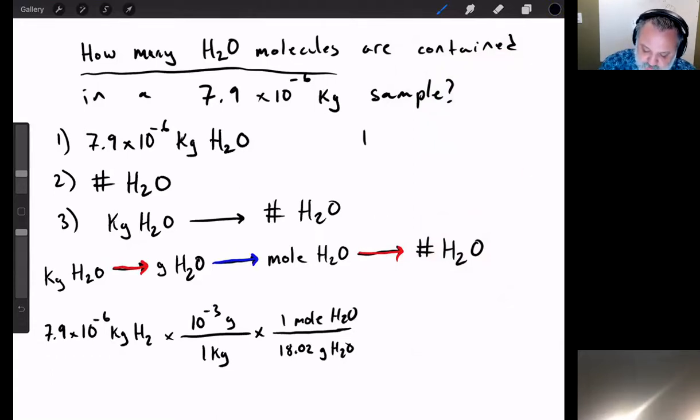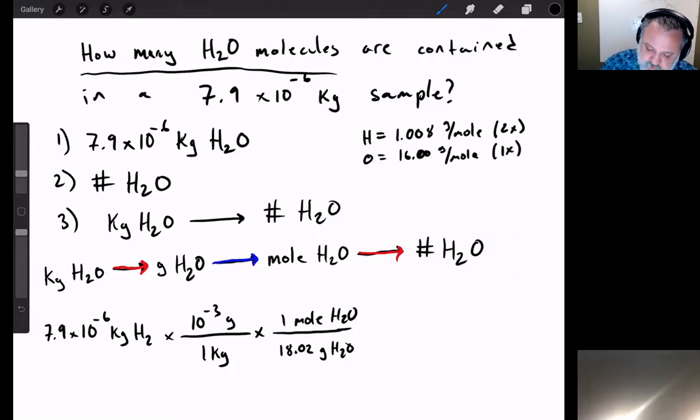I went to the periodic table of elements, and I saw that hydrogen is 1.008 grams per mole. I saw that oxygen is 16.00 grams per mole. And I have 2 hydrogens and only 1 oxygen.